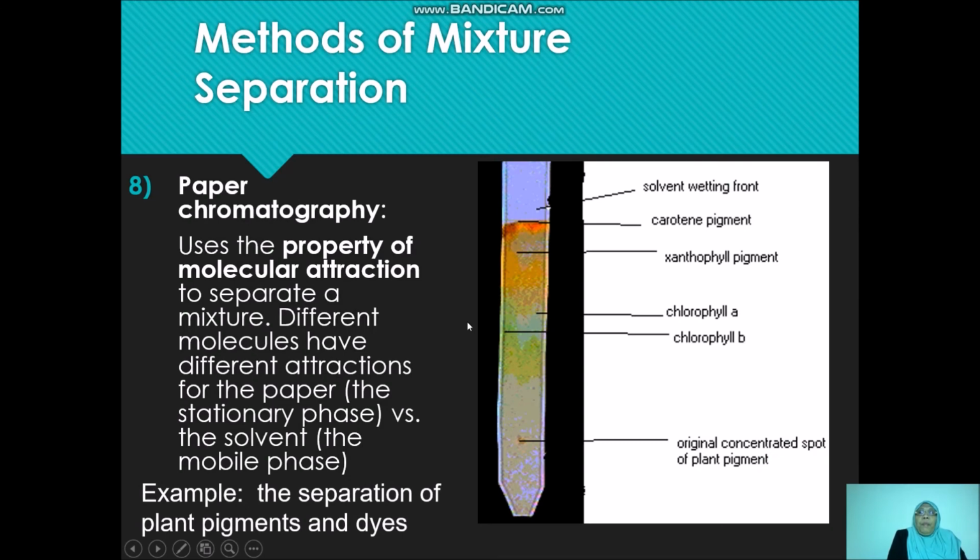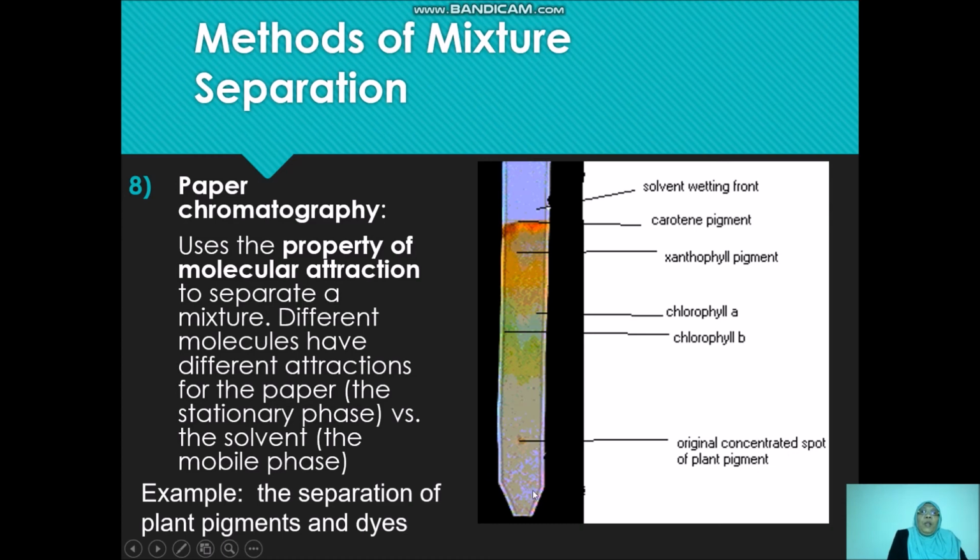Next, paper chromatography. What is paper chromatography? It is like this. You have tissue paper and you put it into the water, with the original plant pigments above, not touching the water.